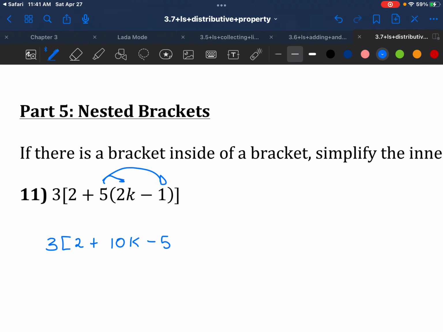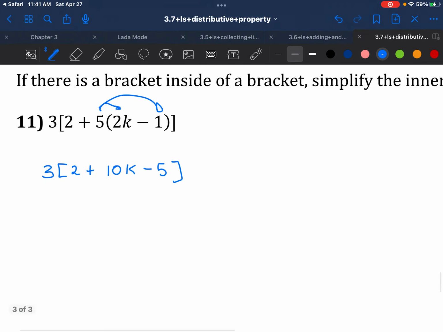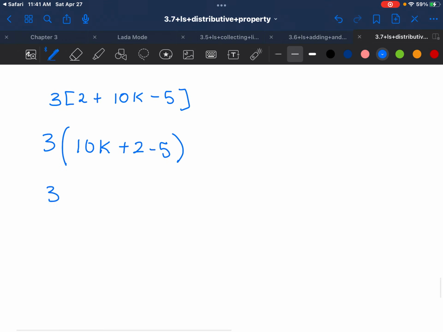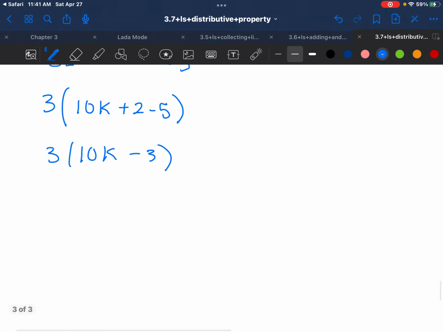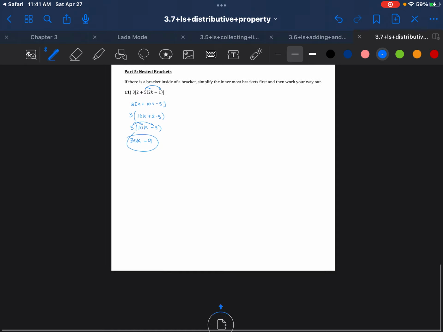Then we can rearrange this into 3, and make a big bracket, 10k plus 2 minus 5. So 3 times 10k minus 3. Then we can multiply these, so 30k minus 9. That's our answer. So yeah, that's that.